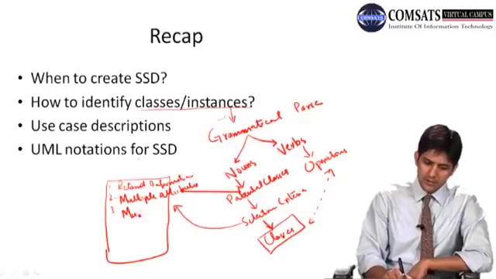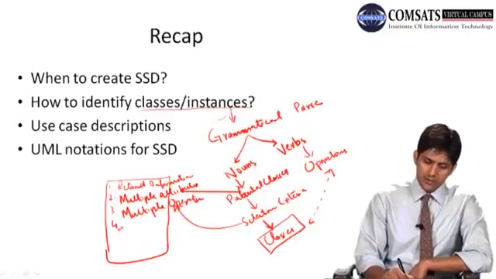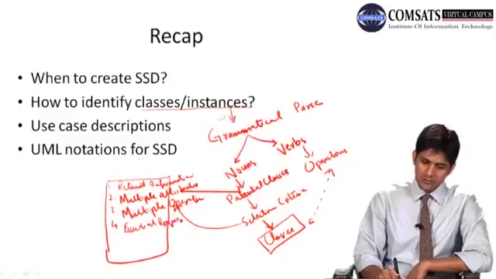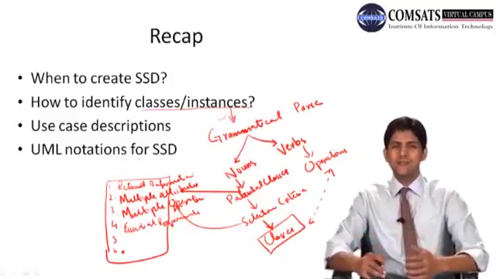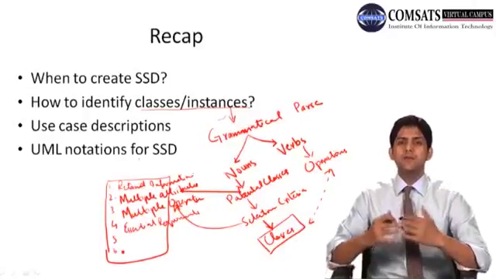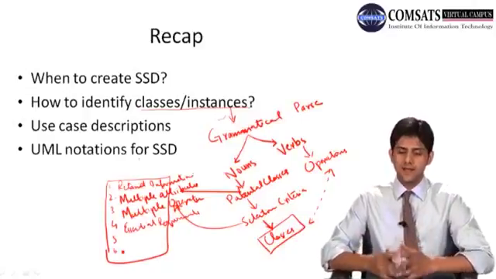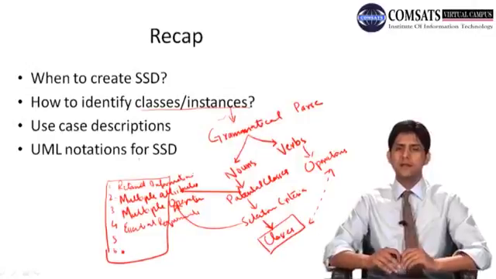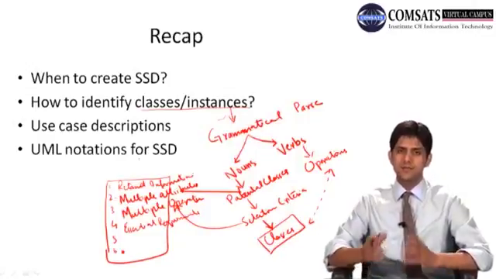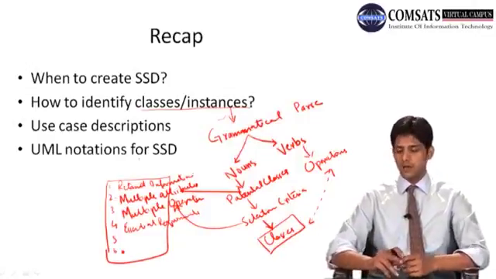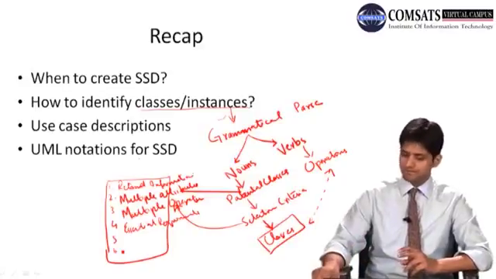Then we had multiple operations, and we had essential requirements, and there were 2 more. So in all there were 6 criteria on the basis of which we decide whether a noun is a class or not. We will go through these criteria and how we identify classes once again when we have a complete lecture on how to draw class diagrams.